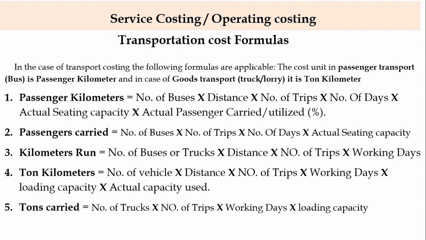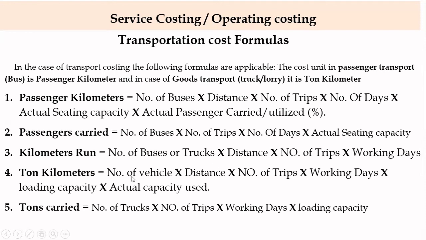In the next session I'll be solving 2 marks problems. Passenger kilometers is equal to number of buses, distance, number of trips, number of days, actual seating capacity, and actual passengers carried or utilized, which will always be given in the form of percentage.